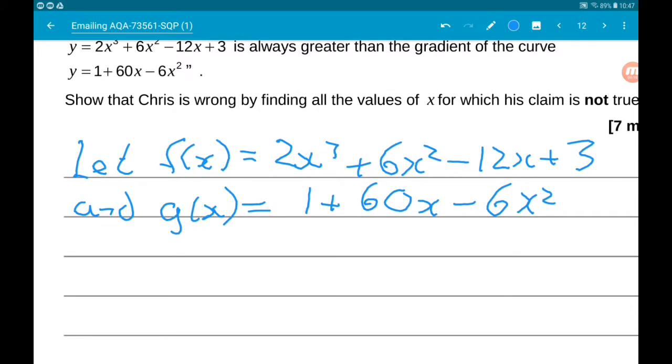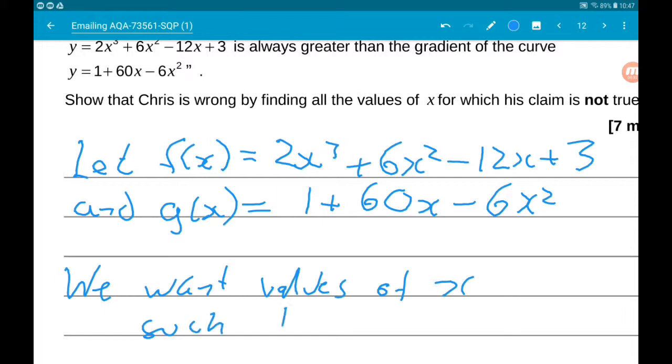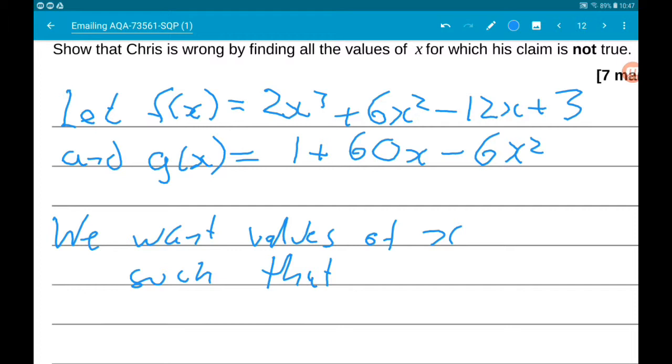So, we want values of x such that the gradient of f, so f dashed of x, is less than or equal to g dashed of x, the gradient of g. So let's differentiate both functions.